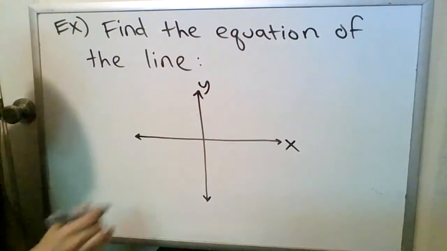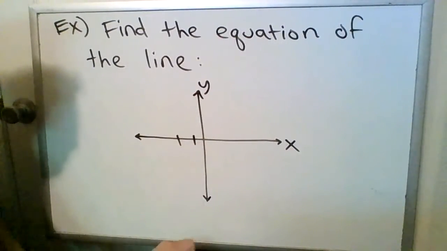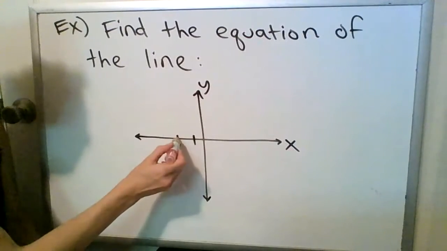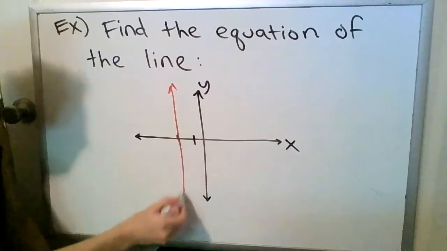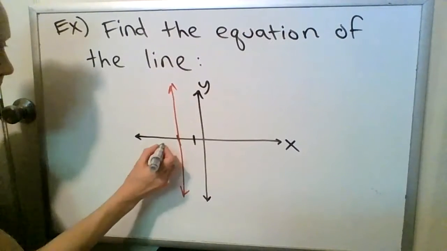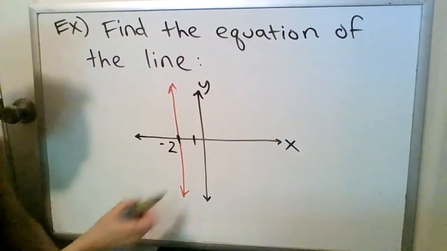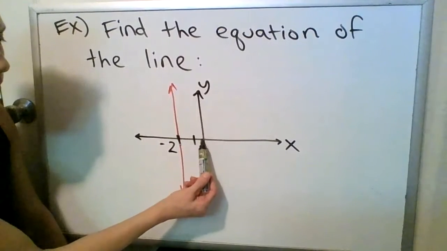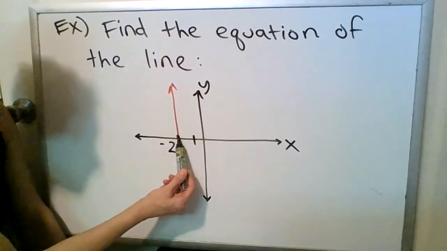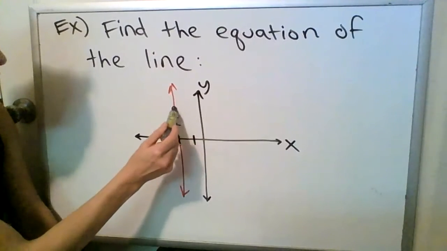We will go back 2 spaces. And there's a vertical line through x equals -2. So this time you can go to -2 for x and up, let's say you go up 3 for y, and that's one of the points on the line.